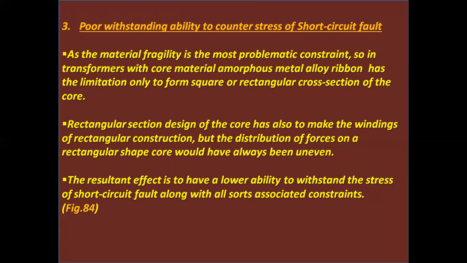Rectangular section design of the core also requires the windings to be of rectangular construction, but the distribution of forces on a rectangular shaped core would always be uneven. The resultant effect is a lower ability to withstand the stress of short circuit fault along with all sorts of associated constraints.